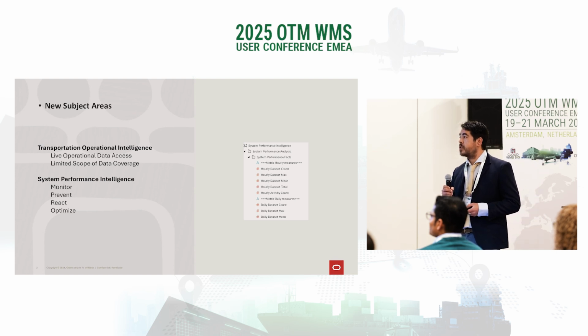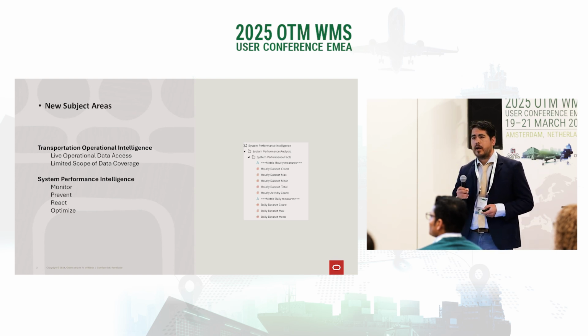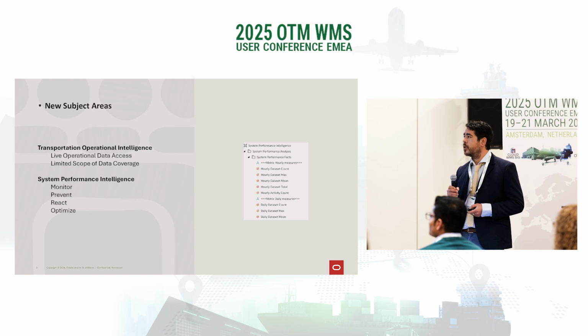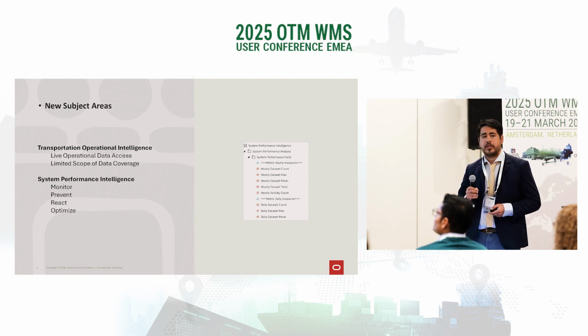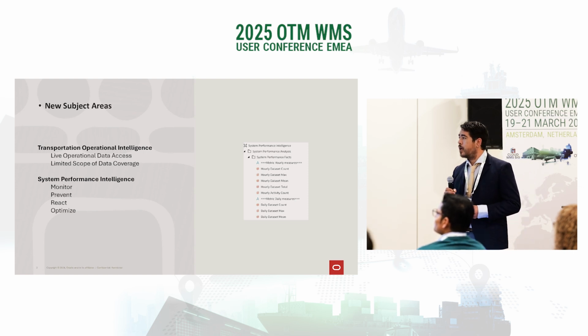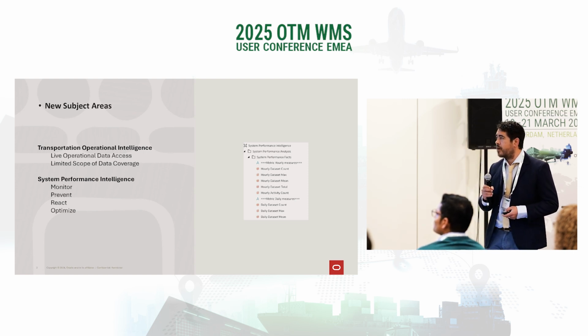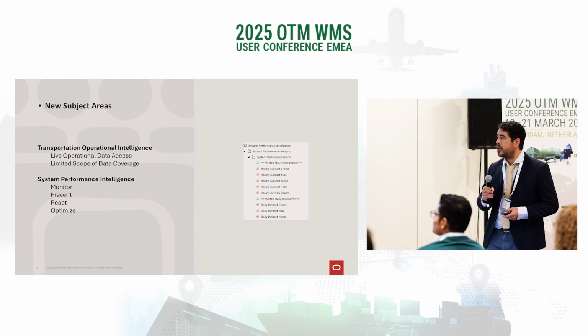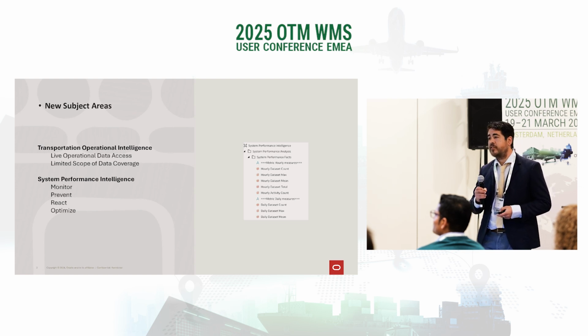And system performance intelligence. So this one, more technical. It has to do with measuring the performance of your integrations, your agent executions, all of the kind of thread level activity in the system. When you turn on the system performance monitoring in the application, we're bringing that over to DV now.